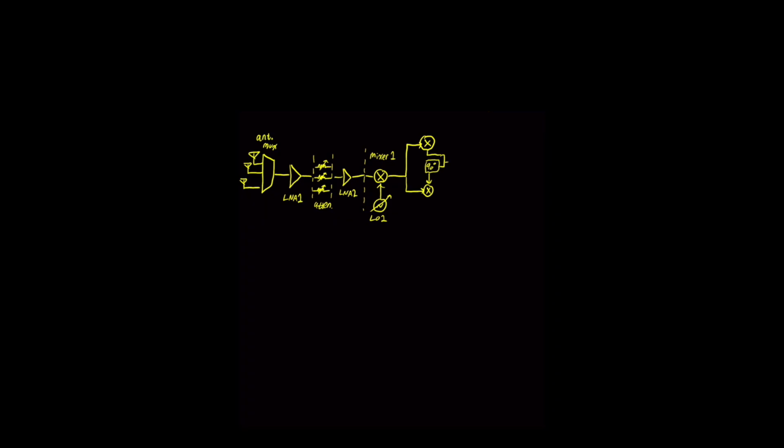Our radio front end consists of the following: an antenna multiplexer, a low noise amplifier, a user adjustable attenuator, another low noise amplifier, the first mixing stage, the second mixing stage, a final cascaded amplifier stage, and a final filtering stage.